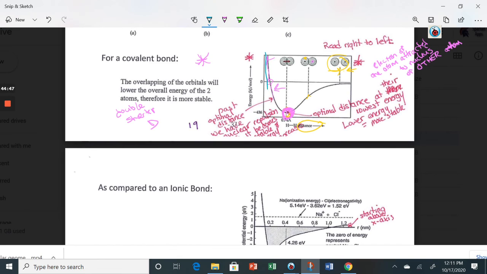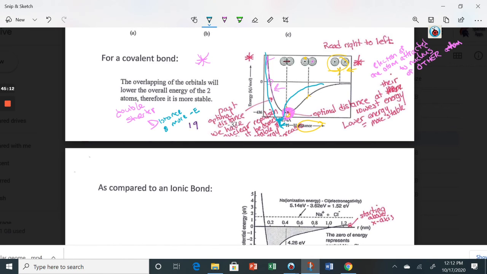So an oxygen, and I can't even go far enough, would go like this because it's a double bond, lower E. So double is a shorter distance, and notice I got a shorter distance. I'm to the left of that. So it's a shorter distance and lower energy and more negative.